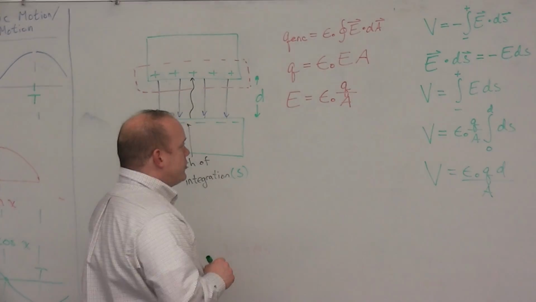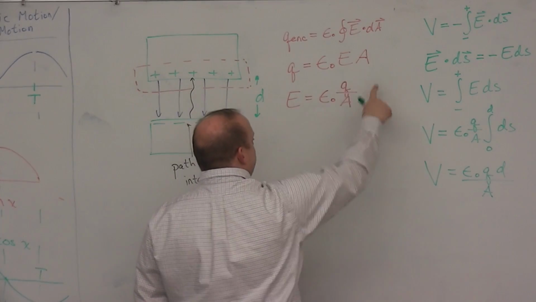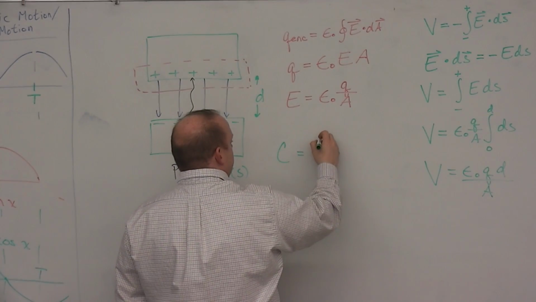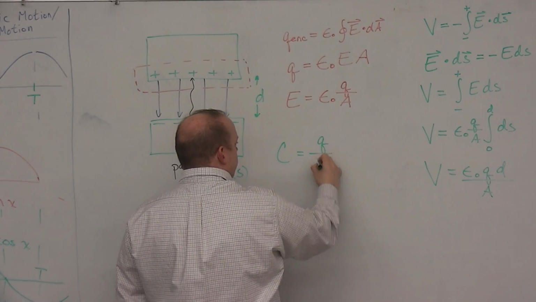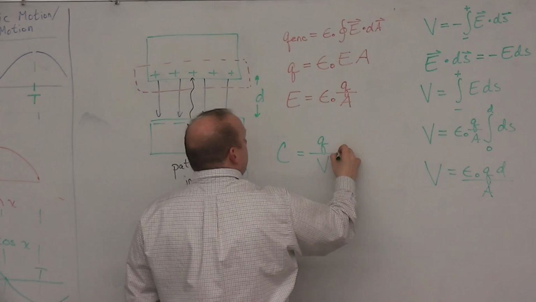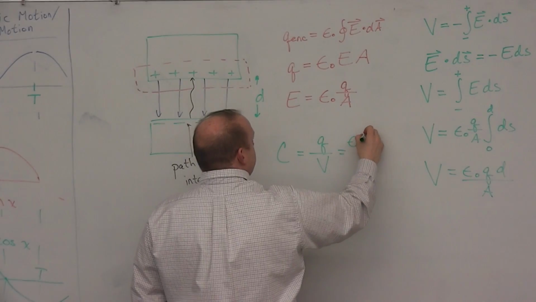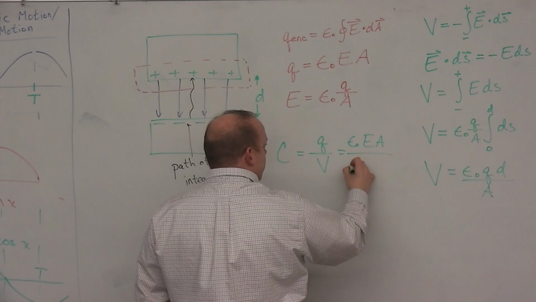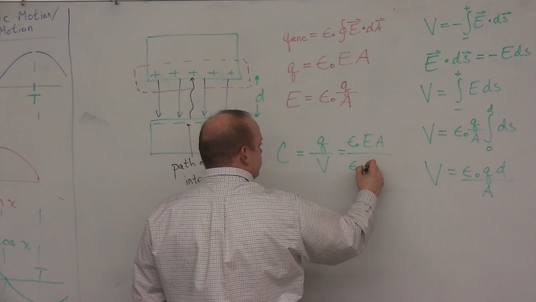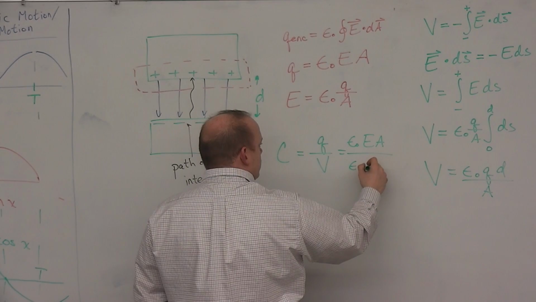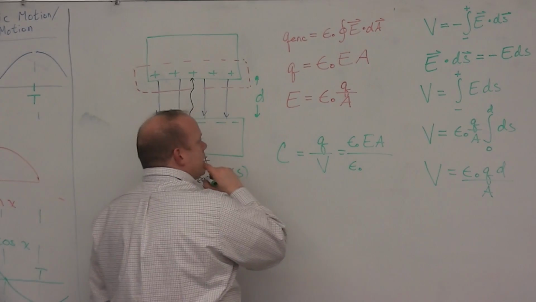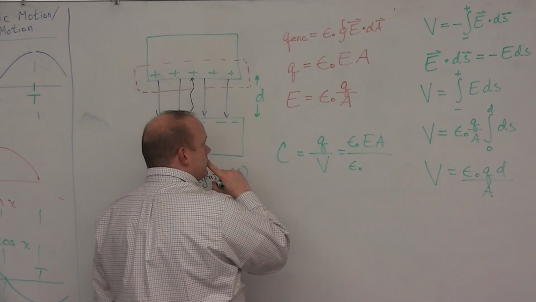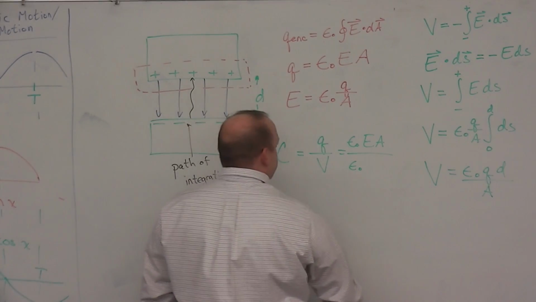Now, my charge here is epsilon naught EA. So if I do my capacitance, which is equal to Q over V, Q is equal to epsilon naught E times A. I'll do it this way.